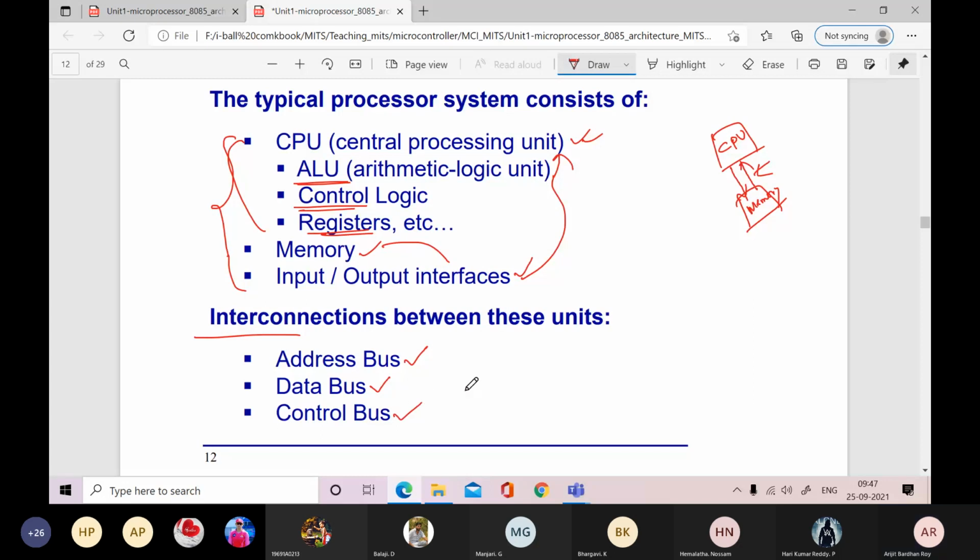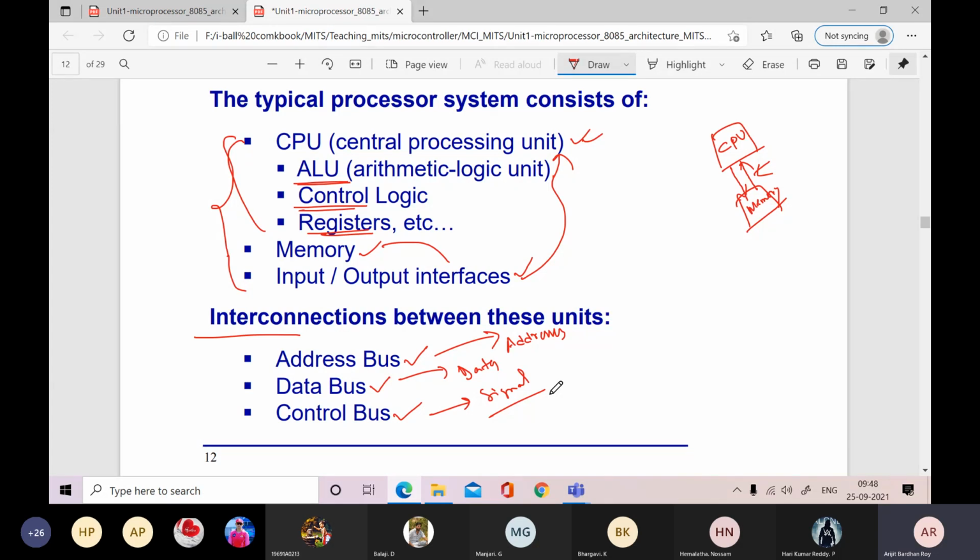Yesterday I told you, address bus holds the address of memory, data bus holds data, and control bus holds some signals which give the instruction to the microprocessor: what work should the microprocessor do now?